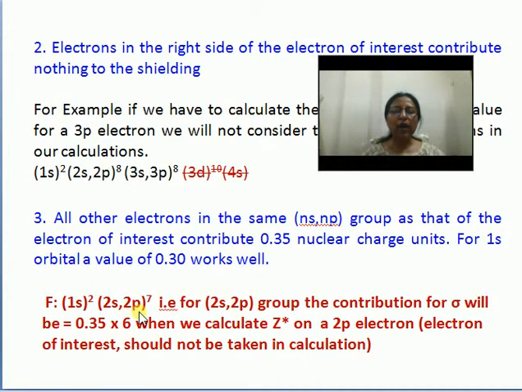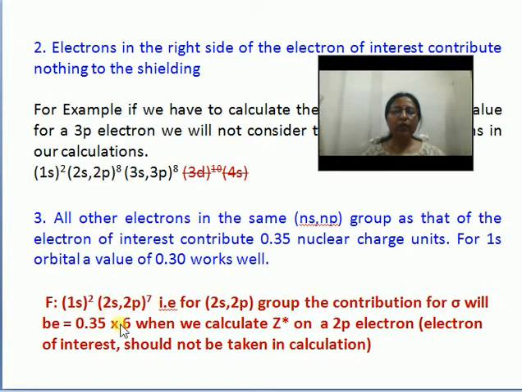So if we want to calculate the sigma value for a 2p electron, what will we do? We will not take the number of electrons as 7 which will contribute in sigma. Instead we will take it as 6, because we are taking one electron on which we are calculating sigma, so that will not contribute in the calculation of sigma value.